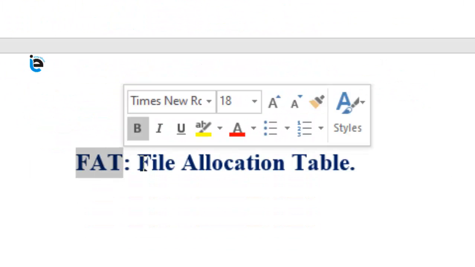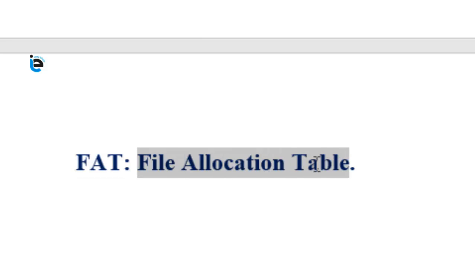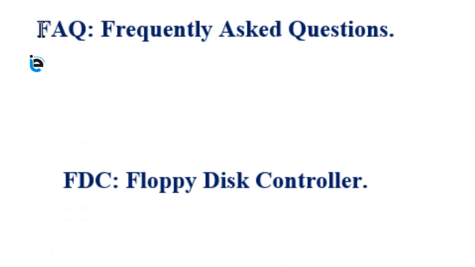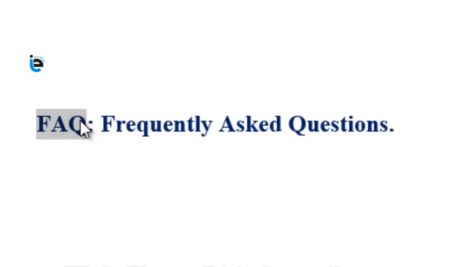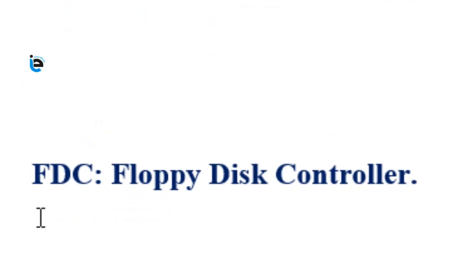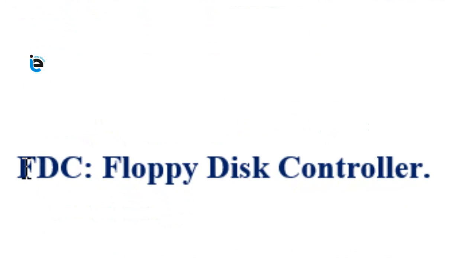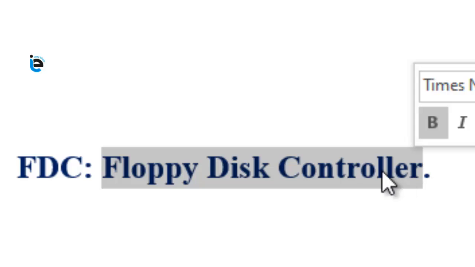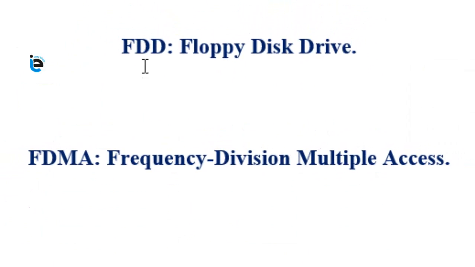FAT stands for File Allocation Table. FAQ, Frequently Asked Questions. FDC stands for Floppy Disk Controller. FDD, it stands for Floppy Disk Drive.